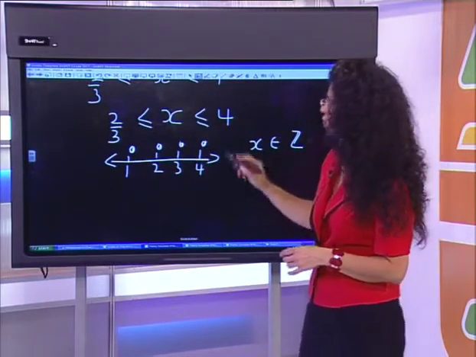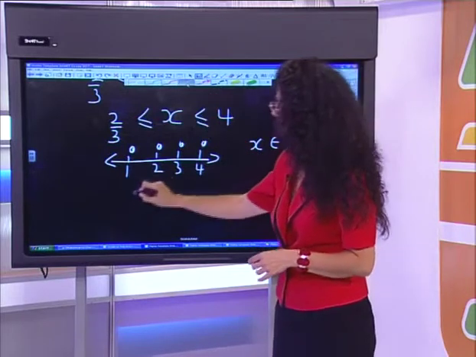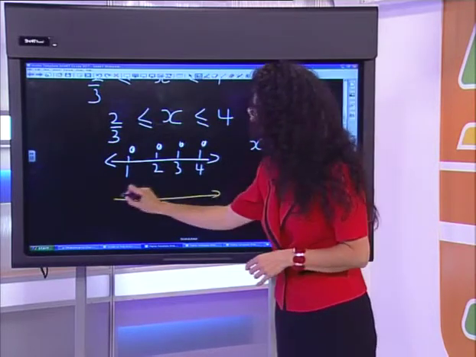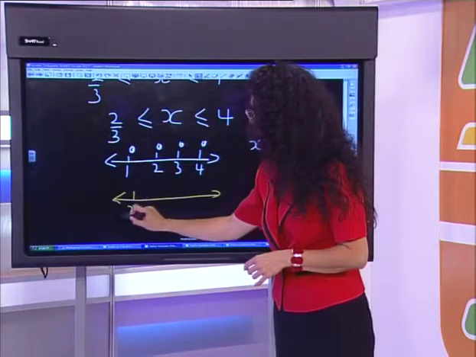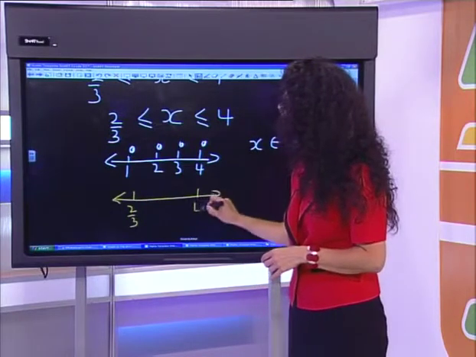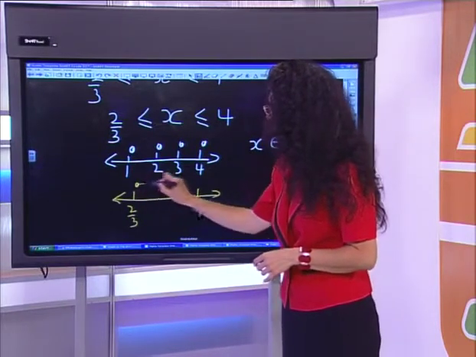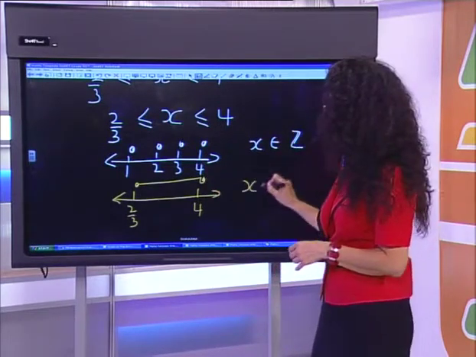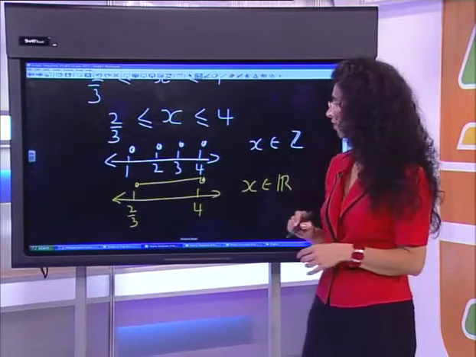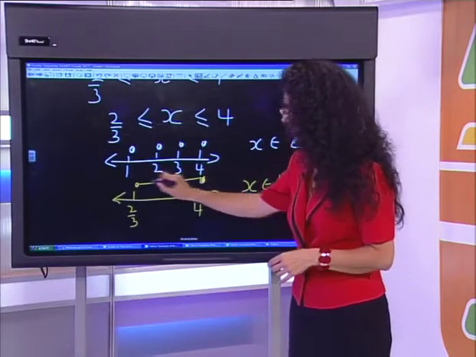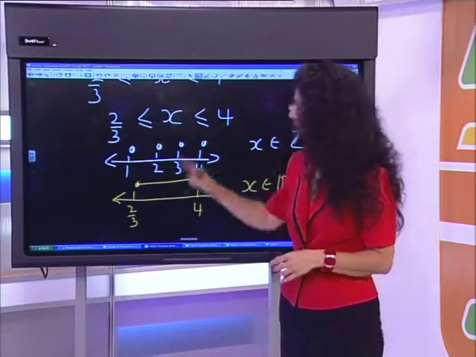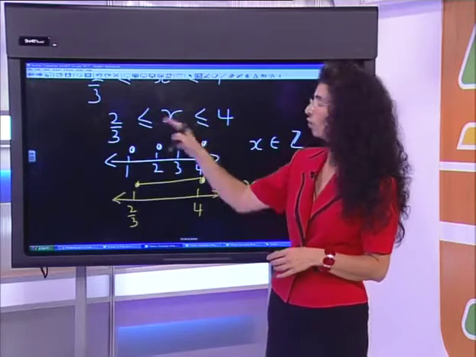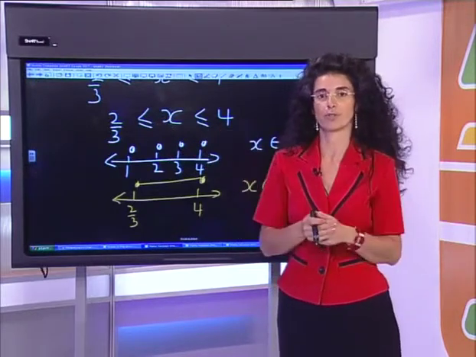But if x was real, then you would have 2/3 and 4, and you'd be sitting between 2/3 and 4, and in that case, you'd have the set of real numbers on your number line. My pen's not really colouring in, but there we go, because it's inclusive of those. If it excluded those values, then you'd have that open circle.